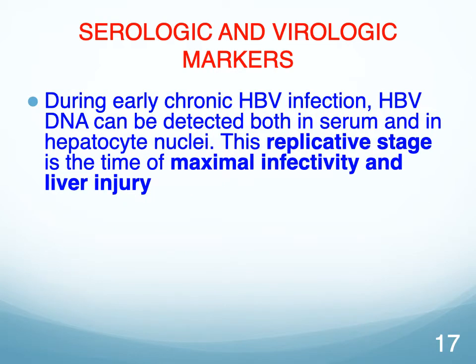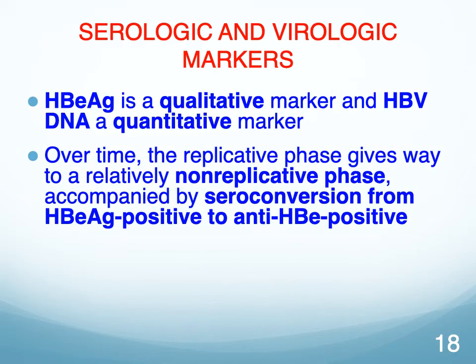In early chronic hepatitis B, the HBV DNA can be detected both in serum and hepatocytes. This is a quantitative detection of the replicative stage. And at this time, maximal infectivity and liver injury is happening. If you will tell, HBV viral DNA is the quantitative marker, the HBe is the qualitative marker.